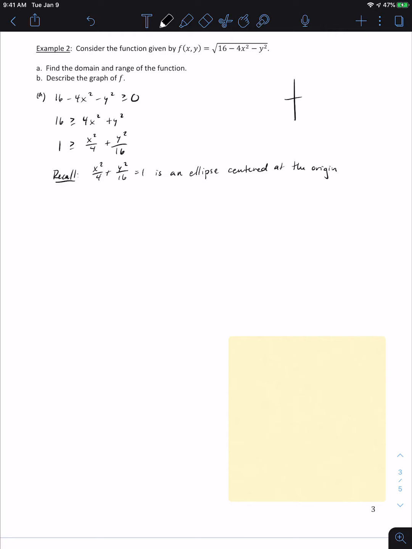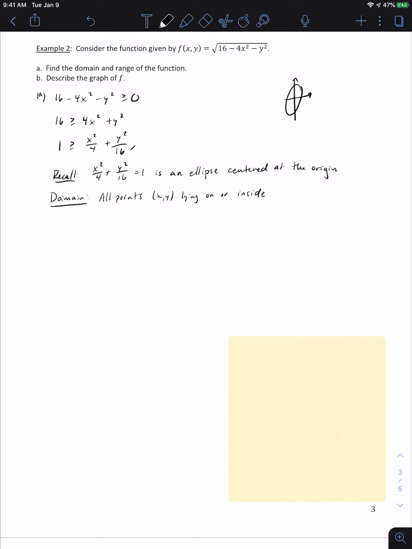In other words, it would look something like that, and it would be longer than it is wide. So that's the idea here. How do I know that? Because the value underneath the y is bigger. But it's an ellipse, and so if I were going to write my domain, it would be all points x and y lying on or inside, because I have an equal sign, and inside because it's less than or equal to.